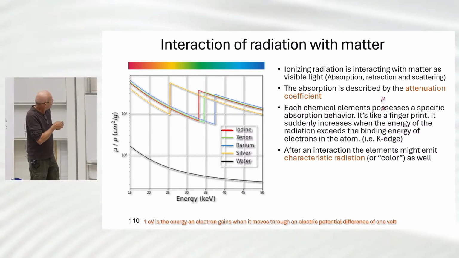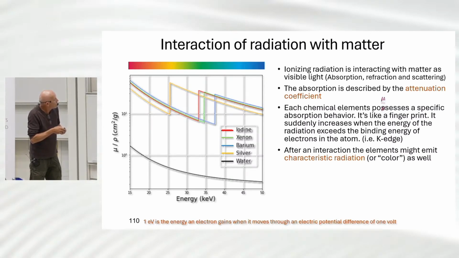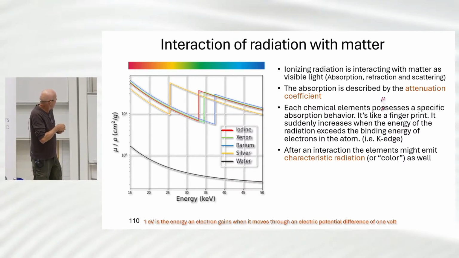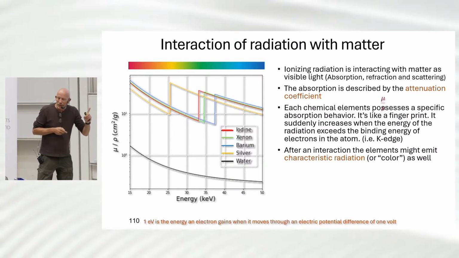each of the chemical elements has a sort of absorption of this radiation, which is described by the attenuation coefficient, which is called mu/ρ here. And this depends on the color or the energy of the X-rays. And you see there's a steep jump in the absorption. And this is like a fingerprint.